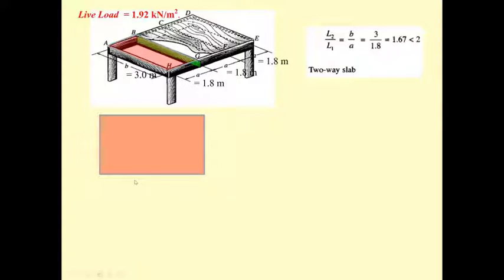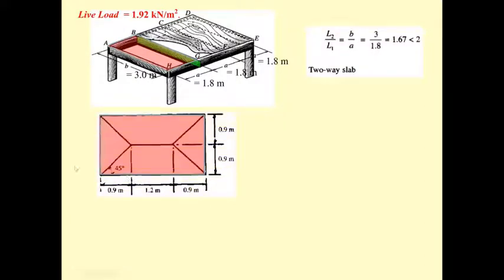The distribution of the two-way action, based on experiments in the lab, shows that the crack of the slab under the loading is going to have a shape like this, in which the angle here is 45 degrees. When this angle is 45 degrees, and this is 1.8 meters, it's going to take half of 1.8, which is 0.9 and 0.9 meter.